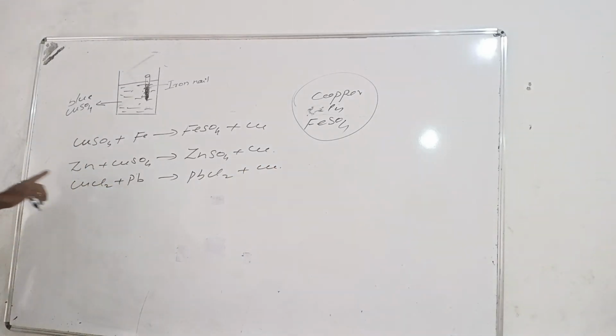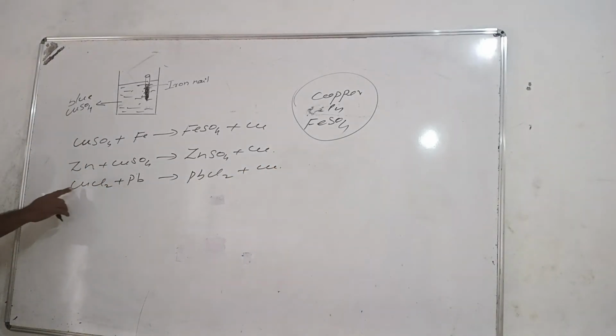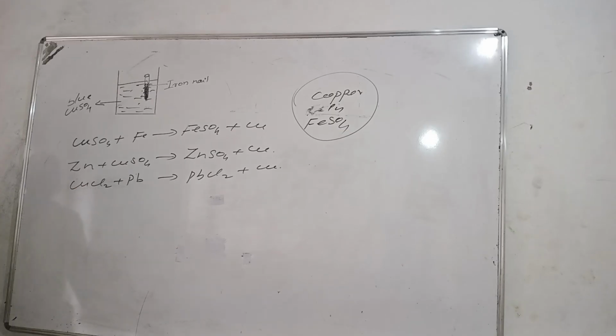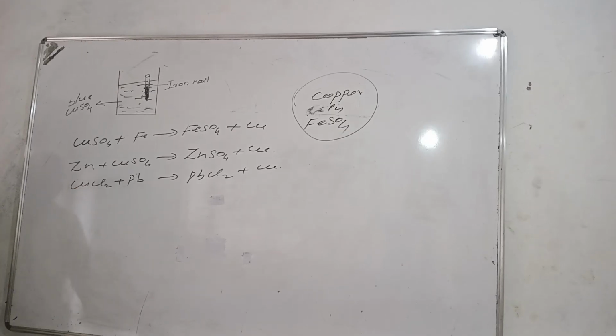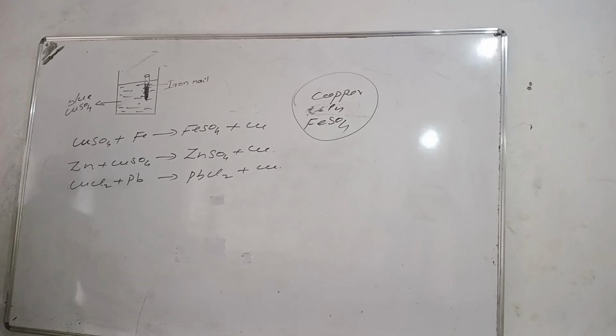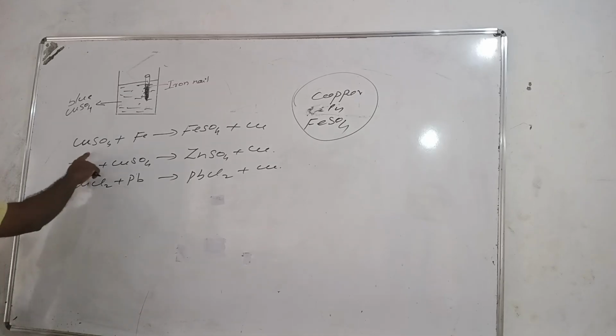Here lead is more reactive than copper, so it can displace copper from copper chloride. So this type of reaction we call a displacement reaction. What is a displacement reaction? A more reactive metal can displace a less reactive metal from its compounds. These are some examples of this type of reaction: copper sulfate reacting with iron, zinc.